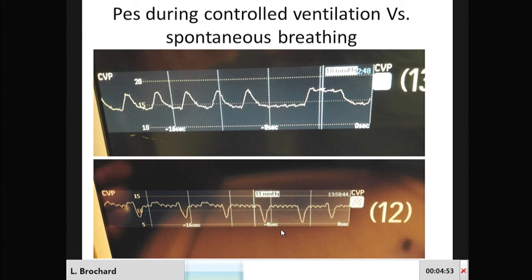So how can we monitor? I agree with Giacomo. The reference technique to monitor the respiratory muscle is esophageal pressure. I just put here the tracings you obtain in controlled mechanical ventilation, where the pressure goes up during each breath, and during spontaneous ventilation.